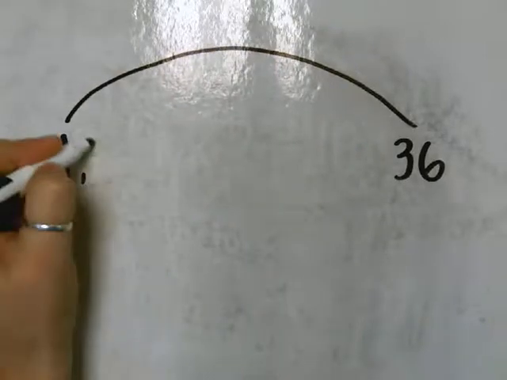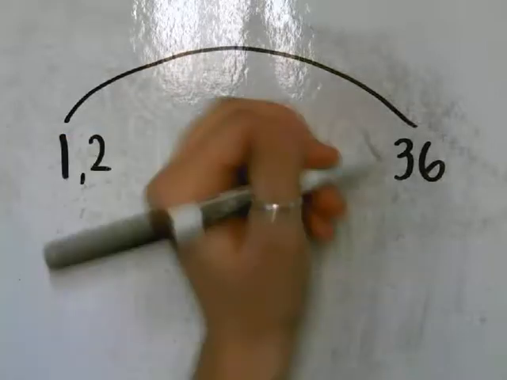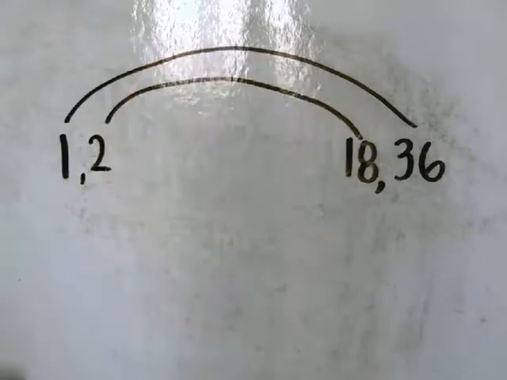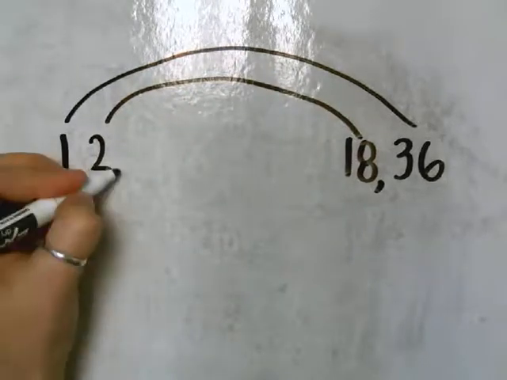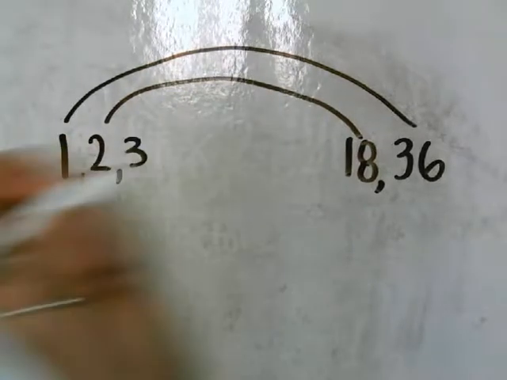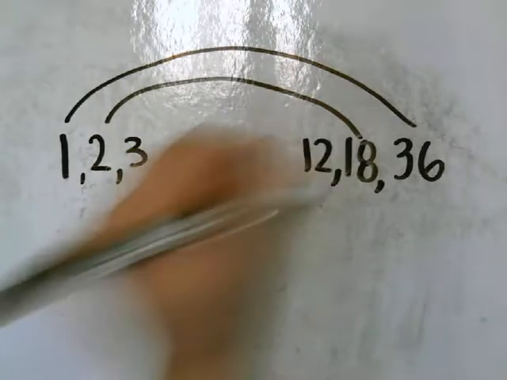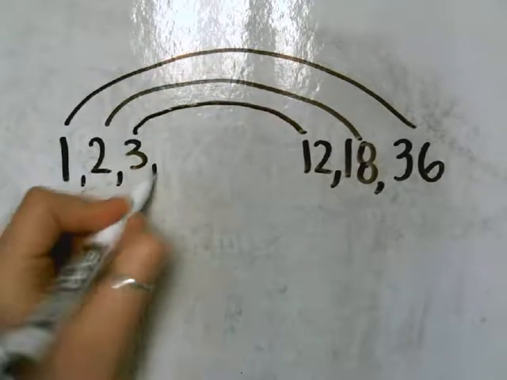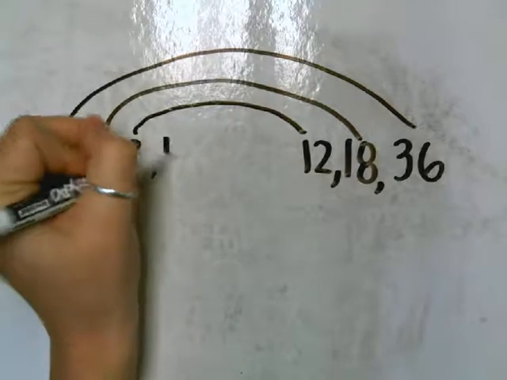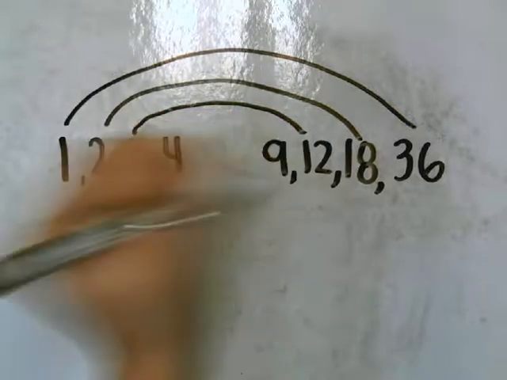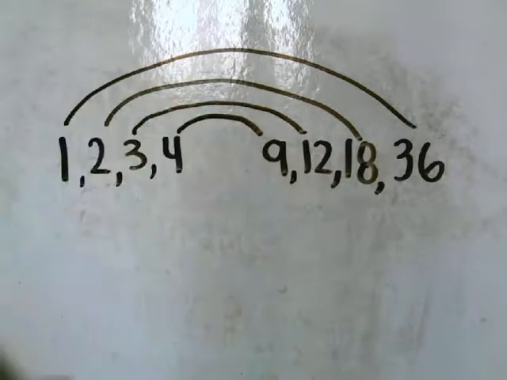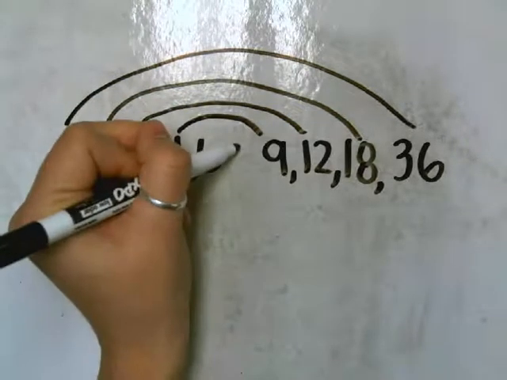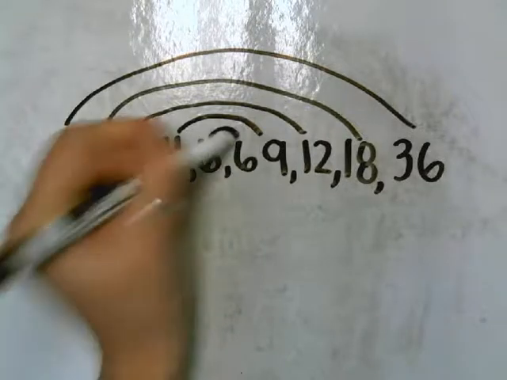If we multiply 2 times 18, that equals 36. Let's see if 3 times 12 is 36. Let's see, 4 goes into 36 9 times, so 4 times 9. And then 6 times 6 is 36.